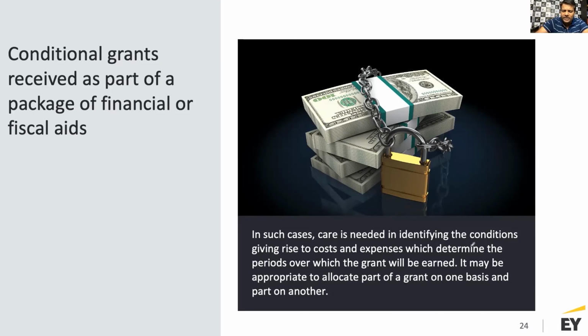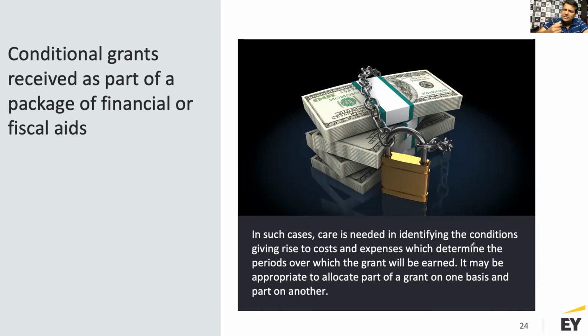Then you need to evaluate whether it is asset related or whether it is income related. If it is asset related, you may present it by way of recording on a net basis from the cost of the asset itself, or by recording it as a deferred income and then appropriately crediting the P&L based on the recognition of an expense.